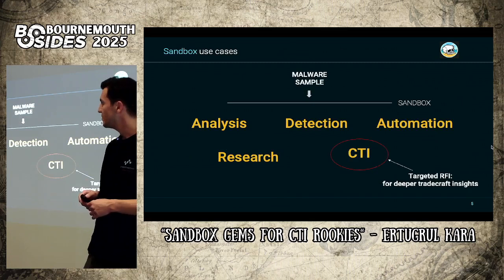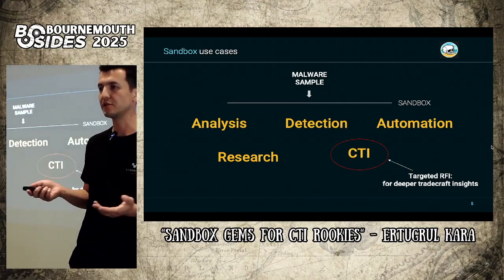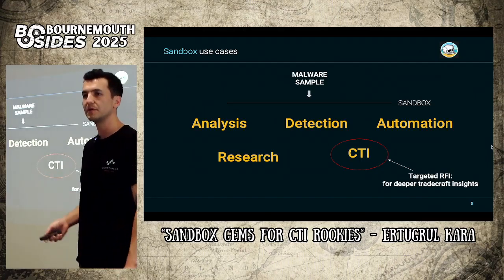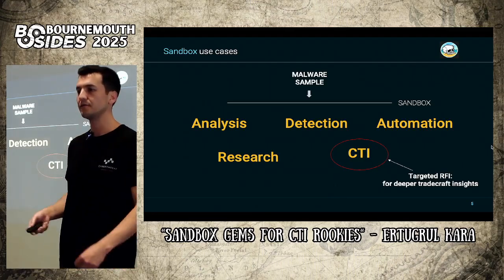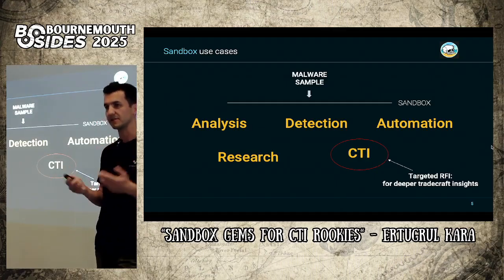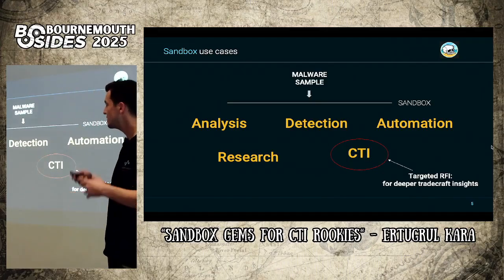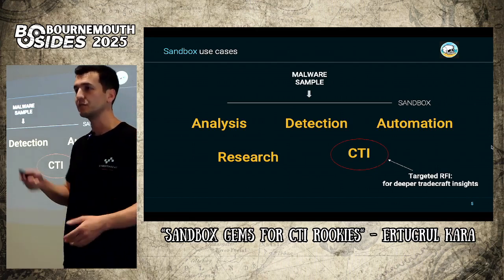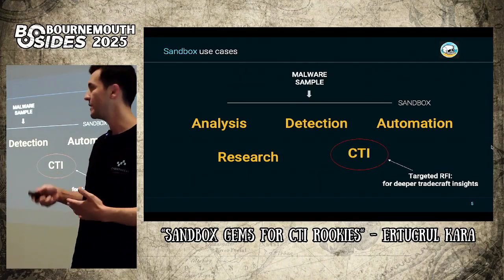With regards to Sandbox, typically what we see from organizations is that they start this journey via incident response. They have some samples they would like to analyze and see the behavior of. So it's mostly manual, focusing on the analysis, and mainly done by reverse engineers and malware analysts. There are other use cases like detection and automation, to integrate Sandbox with an EDR or a SOAR that can analyze phishing emails and all the bad stuff in an automated way.